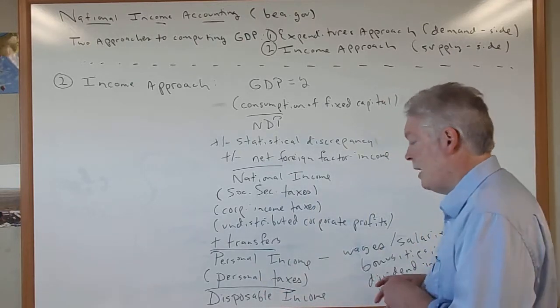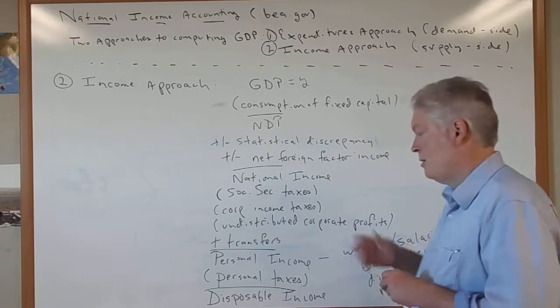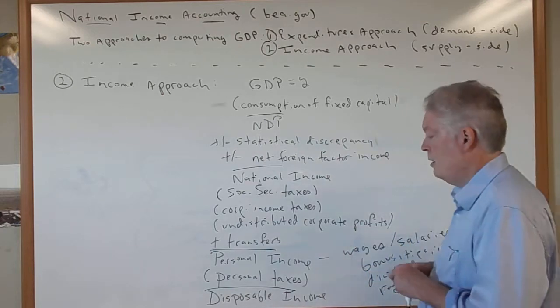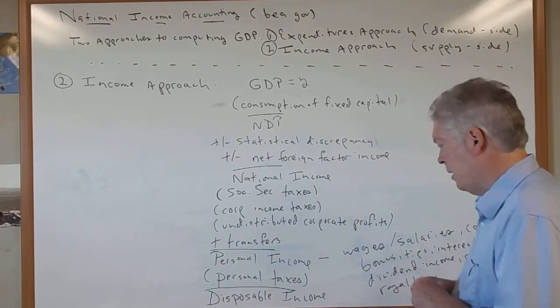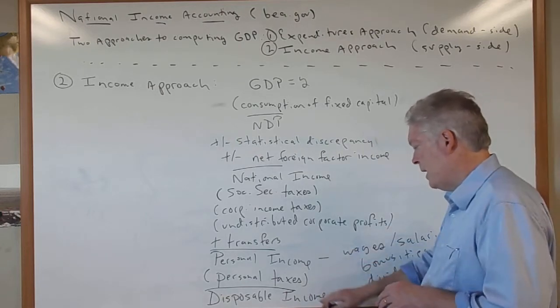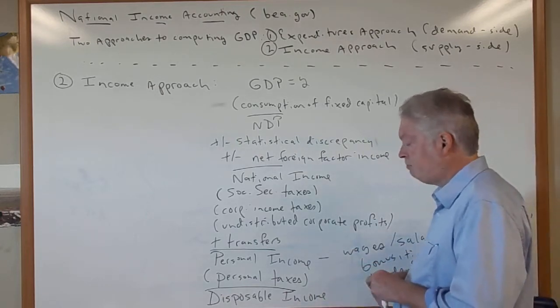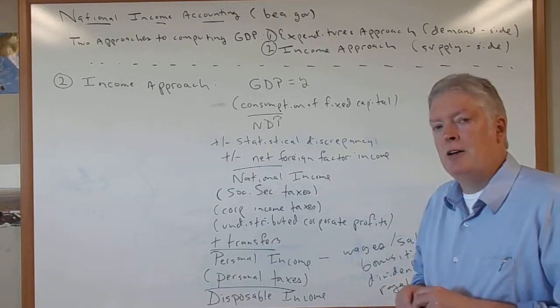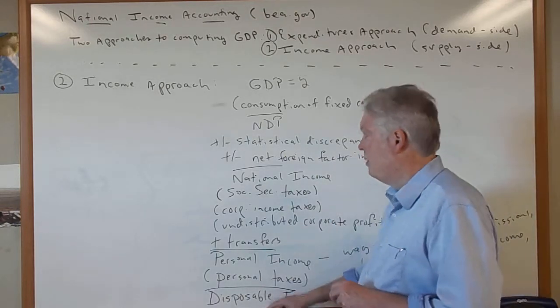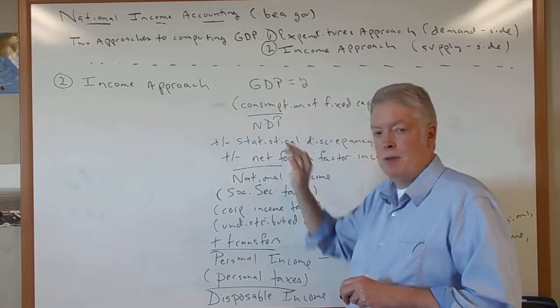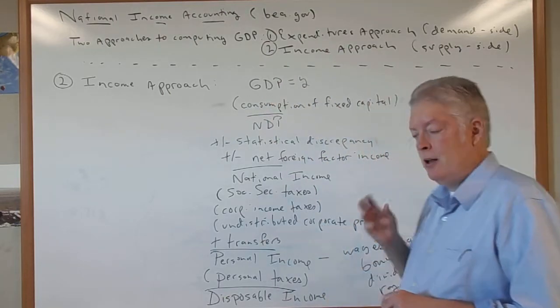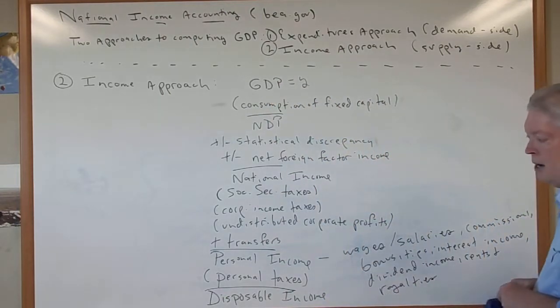Not all states have a personal income tax. Texas, Washington, Nevada, and some others do not. But where applicable, it would be a tax. And then we work our way into the final bottom line, and that is disposable income. Disposable income is simply defined as the after-tax portion of GDP that is earned by households.